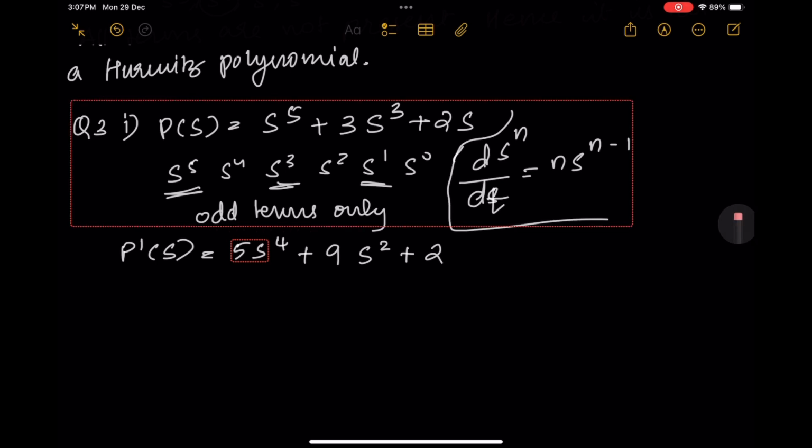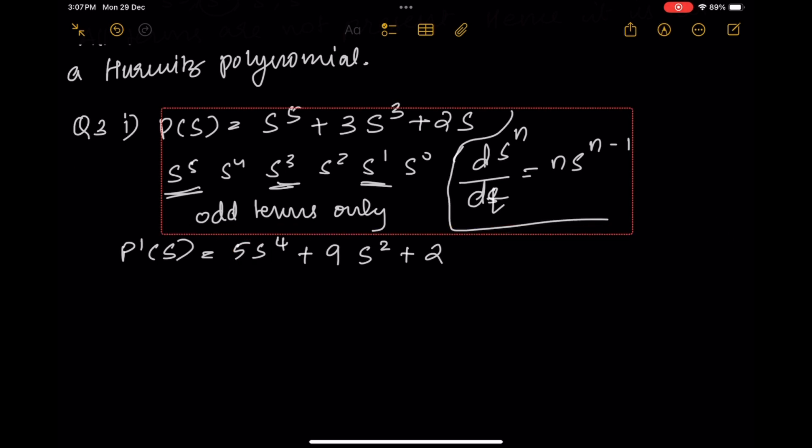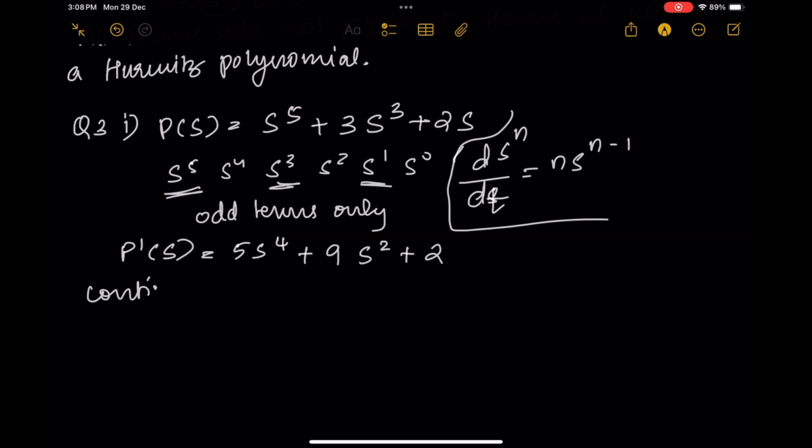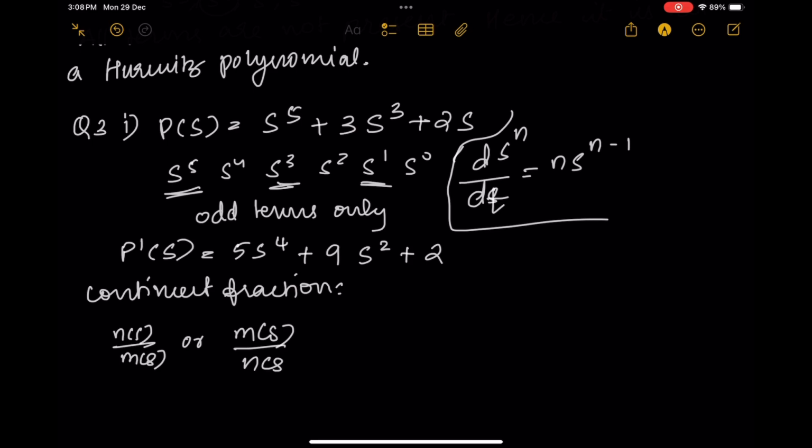Now what we'll be doing is we'll do continued fraction, just like we did in the first question that we had done. But this time it is not the ratio we used last time.